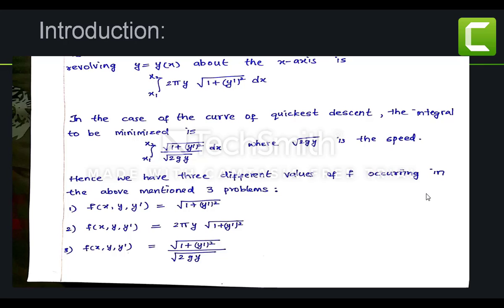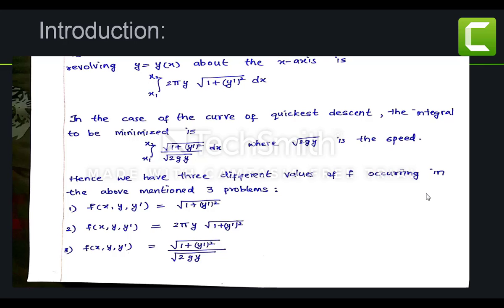So in the beginning of this section I mentioned three problems. So in the three cases we have f in three different forms. One, to find the shortest length. So in that case f takes the value root of 1 plus y dash whole square. In the second case, that is surface of revolution, f takes the value 2 pi y into root of 1 plus y dash whole square.